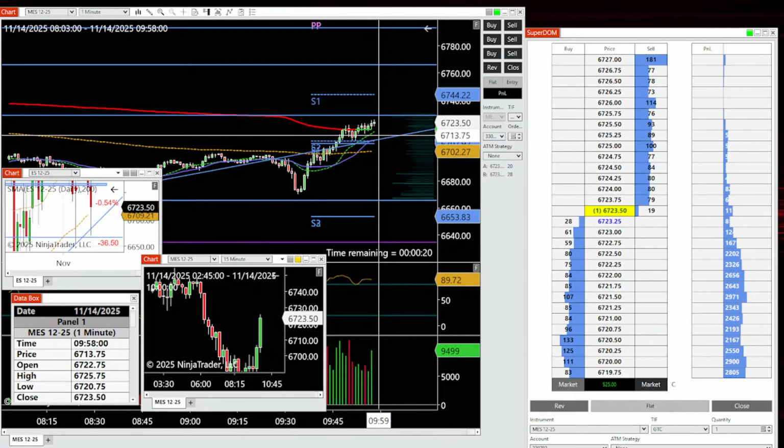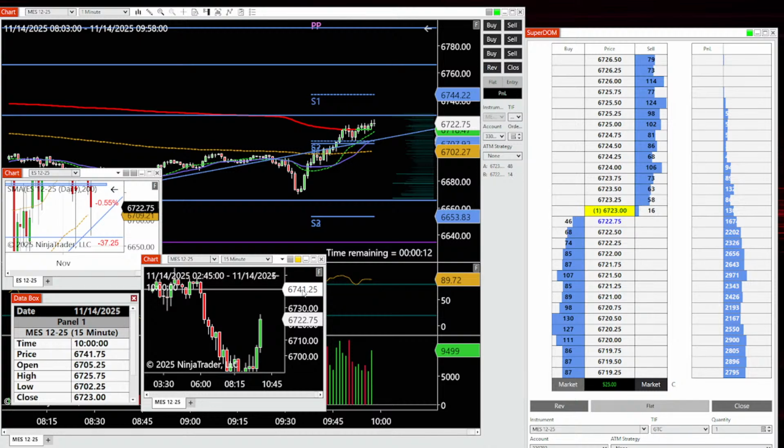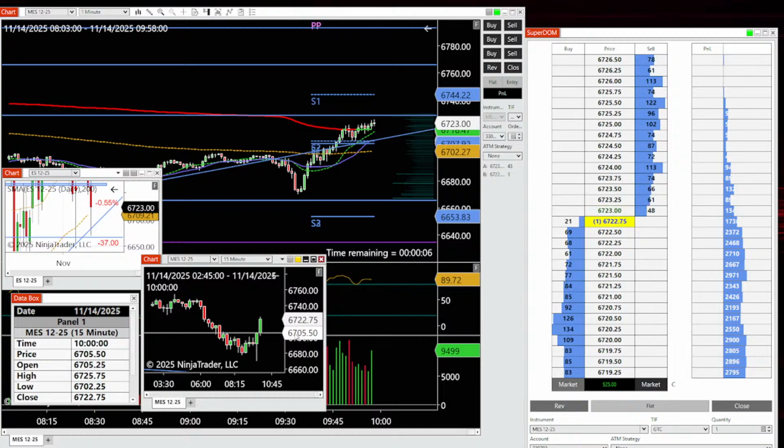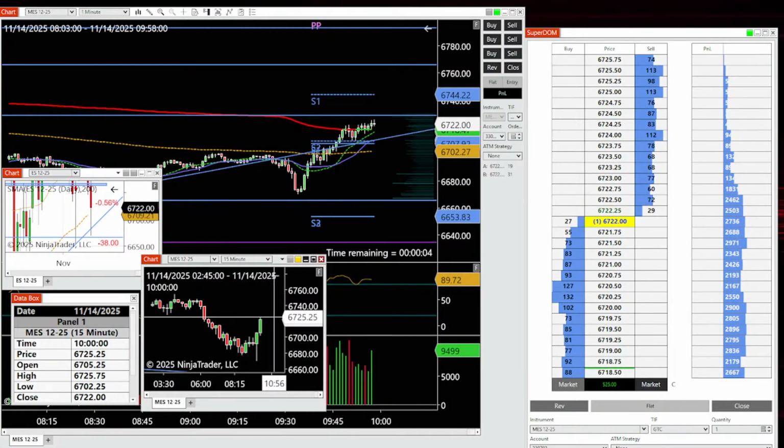Got about 2 minutes for the next 15-minute bar to open up, which will also open up a 4-hour bar on the 4-hour chart at 10 o'clock. And that's going to be interesting to see where the next 4-hour bar goes.